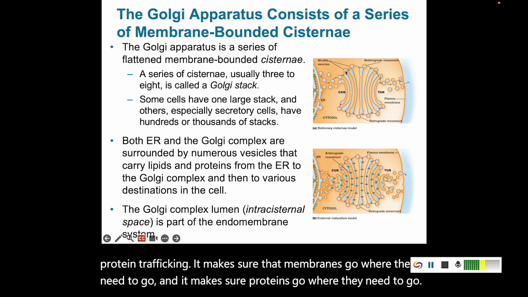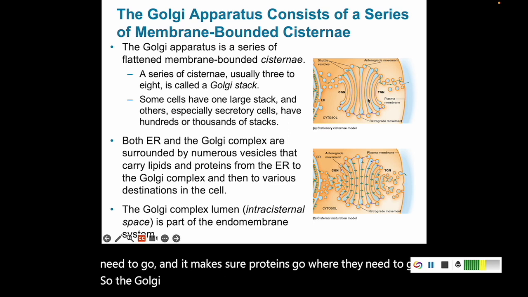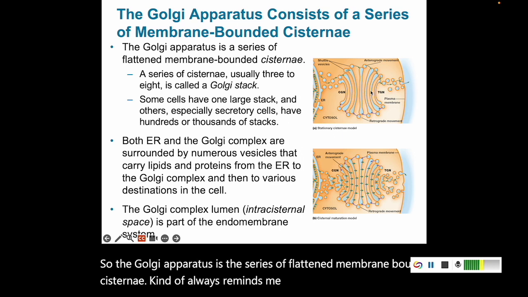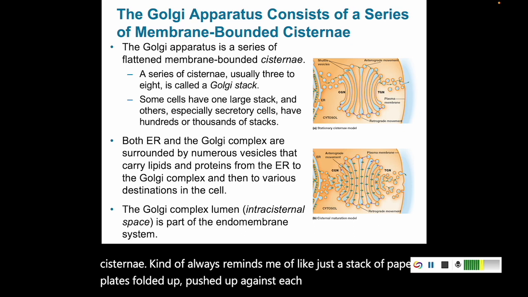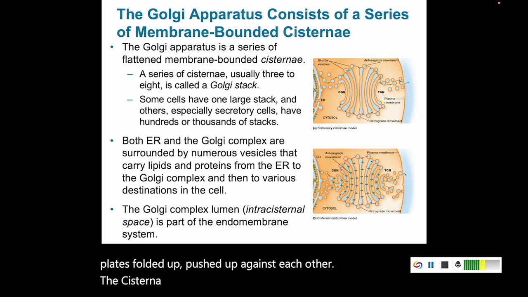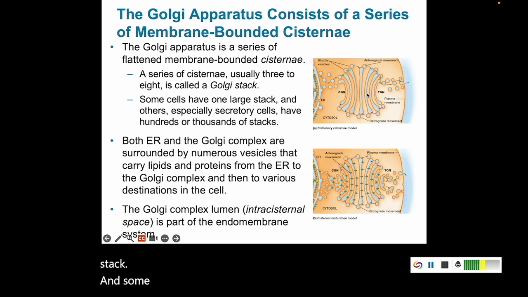So the Golgi apparatus is a series of flattened membrane-bound cisternae. It always reminds me of a stack of paper plates folded up, pushed up against each other. The cisternae are usually in a series of 3 to 8, called a Golgi stack. Some cells have one large stack.